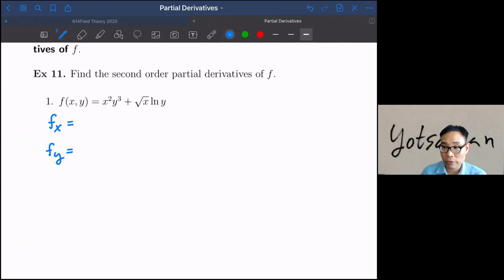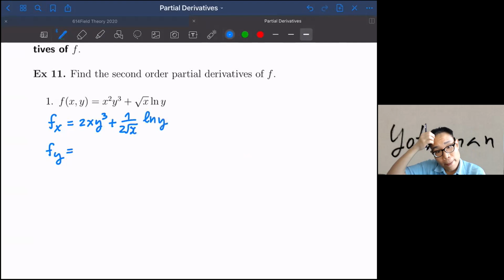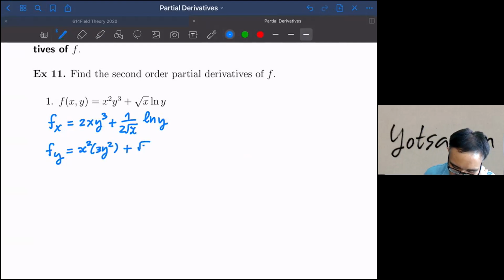I'm not going to go step by step with you anymore, so I'm going to differentiate this one. It's going to be 2x y to the third, plus 1 over 2 root x times log y. That is our partial derivative when you hold y as a constant. And for fy, it's going to be x squared, and you differentiate y to the third, you get 3y squared, and differentiate log y, you get 1 over y. So that's your fy.